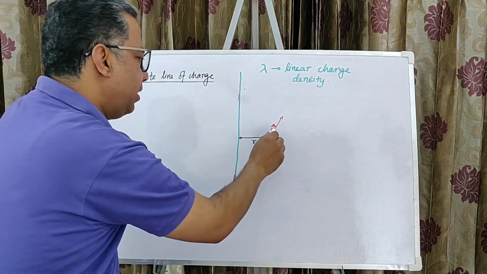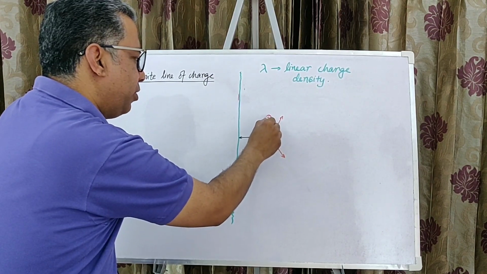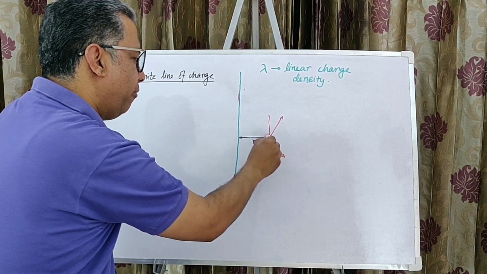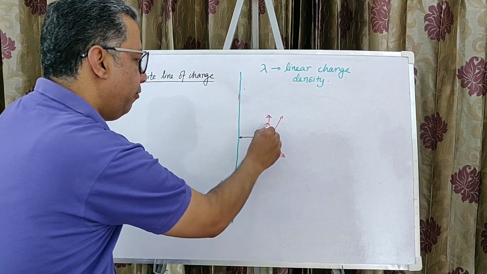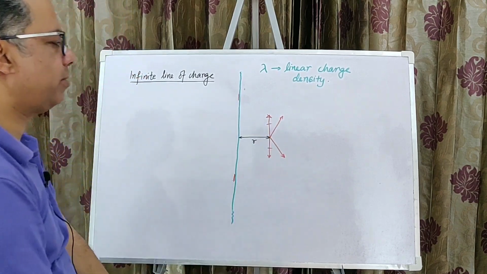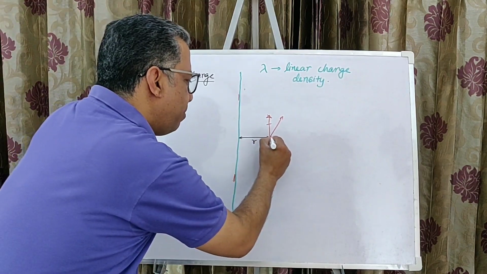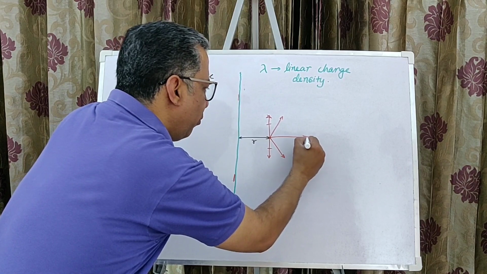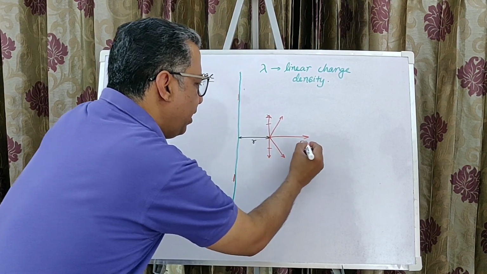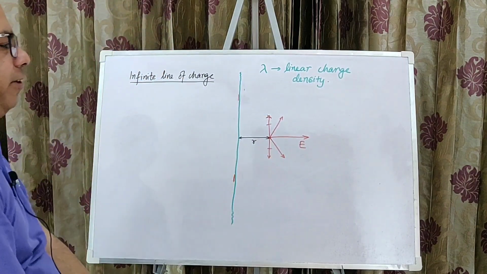The result of this is that the components of these electric fields which are parallel to the line of charge will cancel out. And the field components which are perpendicular to the line of charge will add up, giving this resultant electric field.